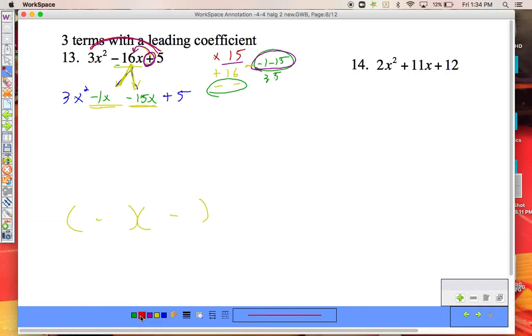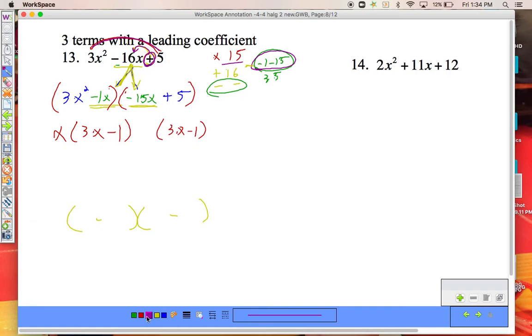Now, we finish it by grouping by 2's. So out of the bottom, I'm going to take out an x, leave minus 3x minus 1. Take out an x out of both terms. To make this work, like I've said a couple times, I have to have a 3x minus 1 left over.